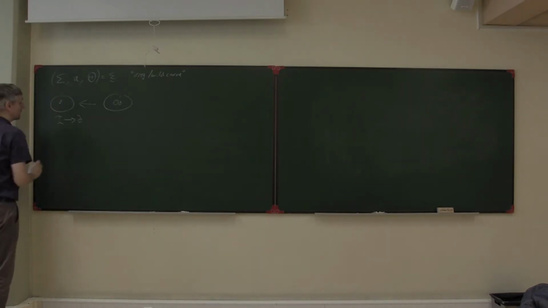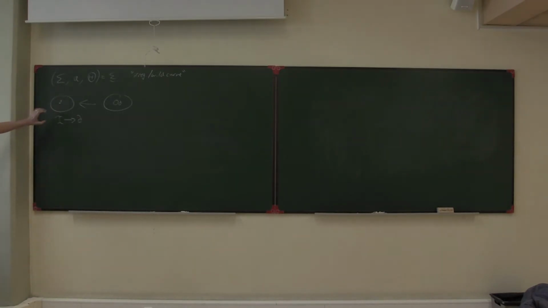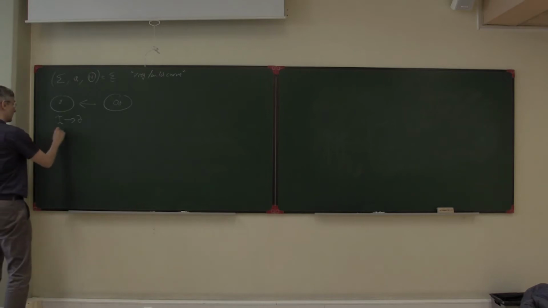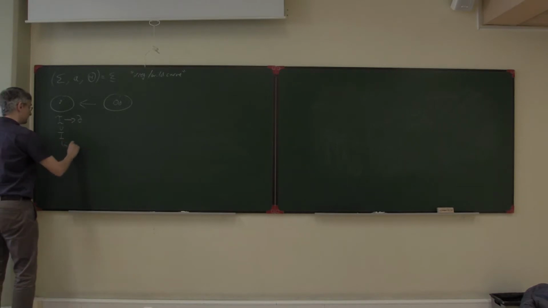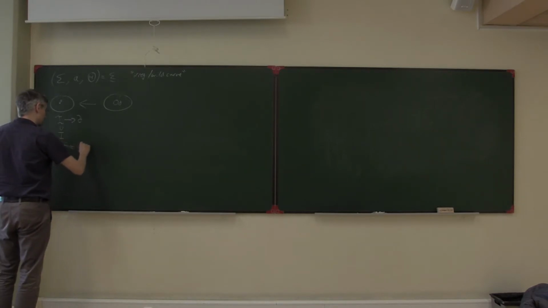pick an irregular class, and this corresponds to fixing a finite number of circles plus a multiplicity of each of these. So we're actually fixing a finite subcover, so a finite collection of circles, which I'll call a finite subcover.